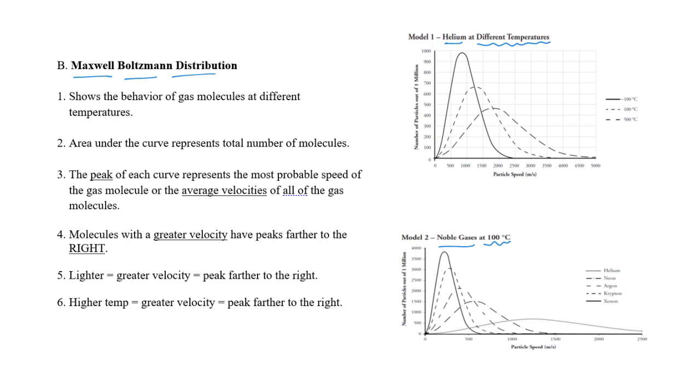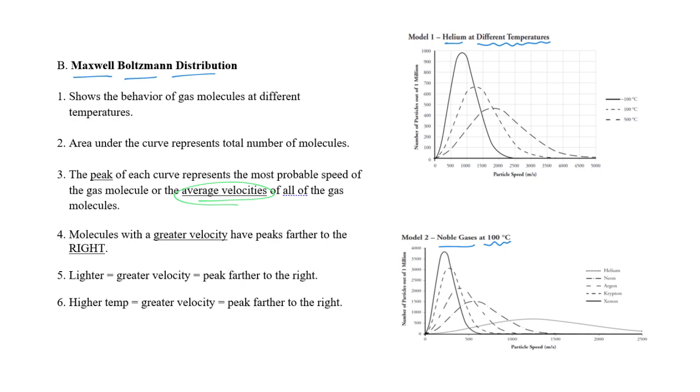So this right here represents the average velocities of all of the gas molecules that are in that sample. The area under the curve represents the total number of molecules.